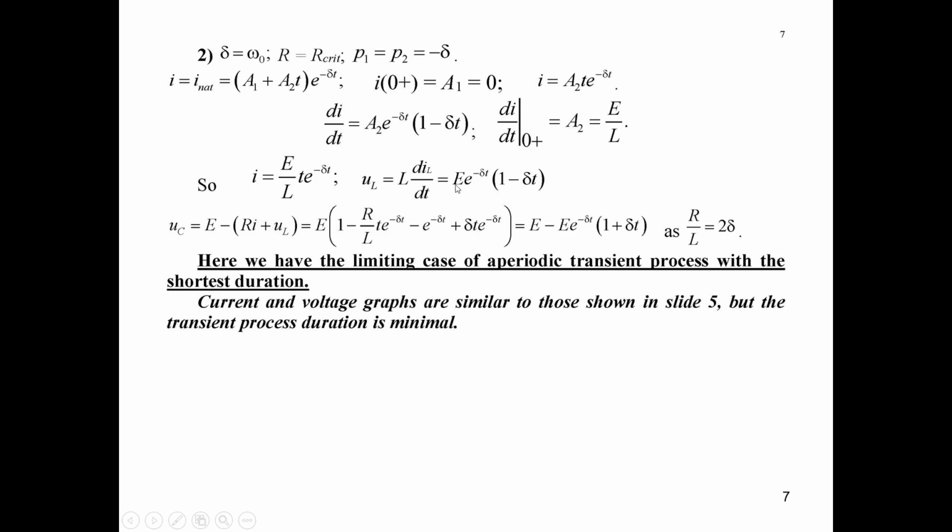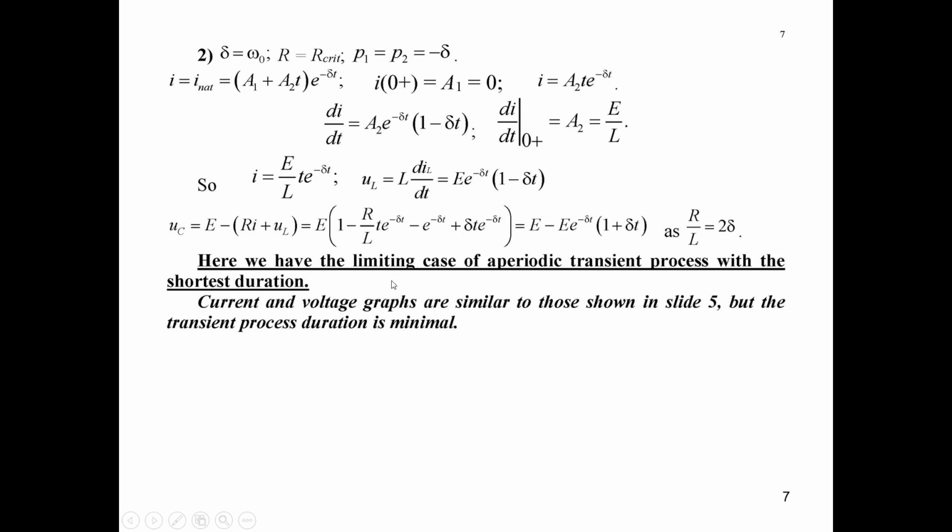UL is the EMF before brackets, then in brackets it will be minus e to the minus delta t, this item, and minus, this minus and this minus will give us plus, and it will be delta t multiplied by e to the minus delta t.